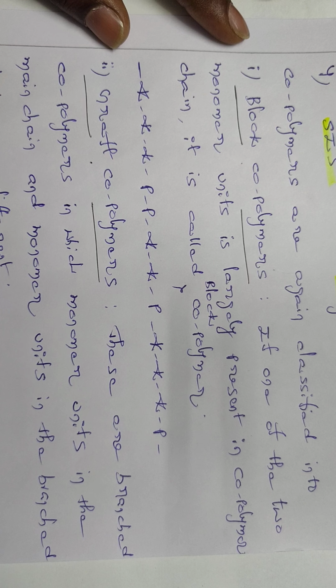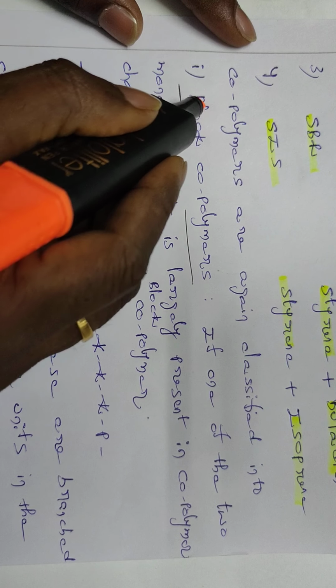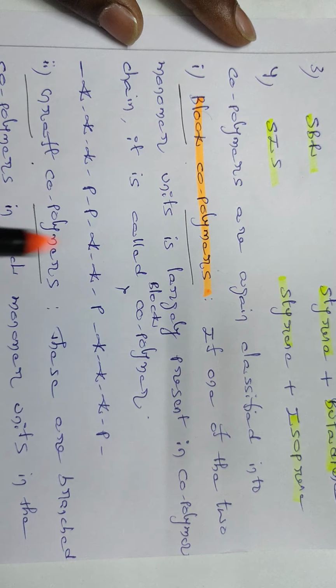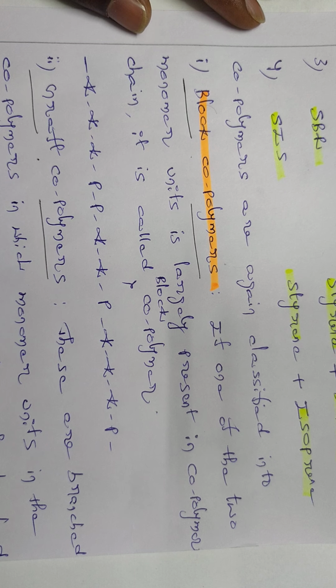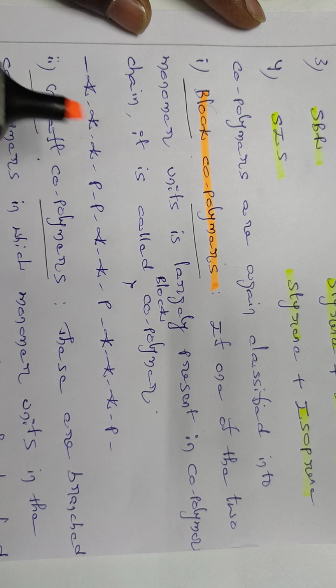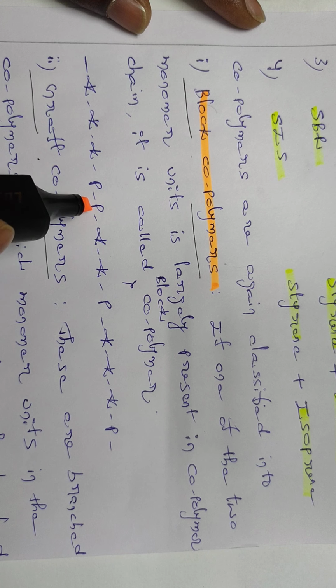Again, based on the linkage of different monomeric units, copolymers are classified into four types: block copolymers, graft copolymers, alternate copolymers, and random copolymers. The first one is block copolymers. What is called a block copolymer? In a polymeric chain, one of the monomeric units is largely present compared to the other. For example, here K and P are two different monomers.